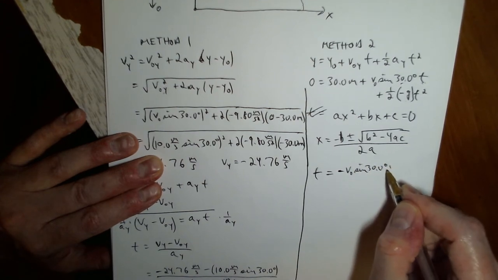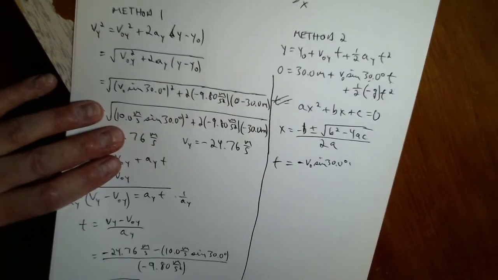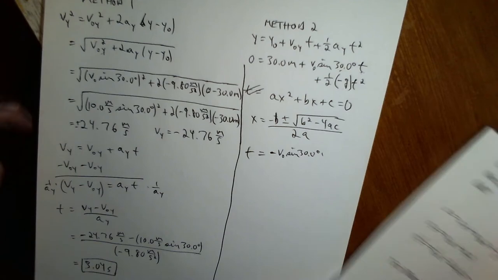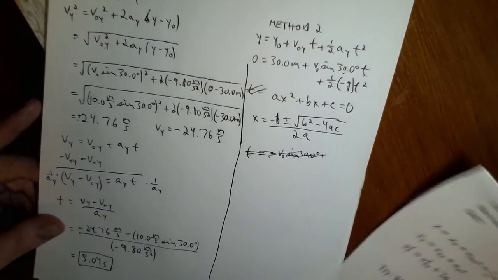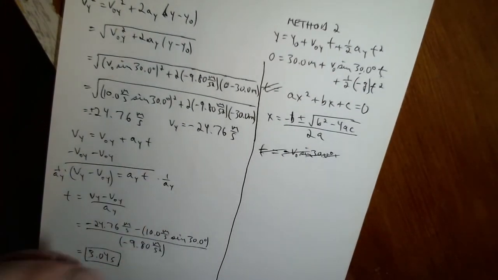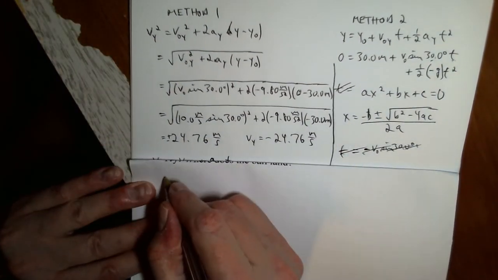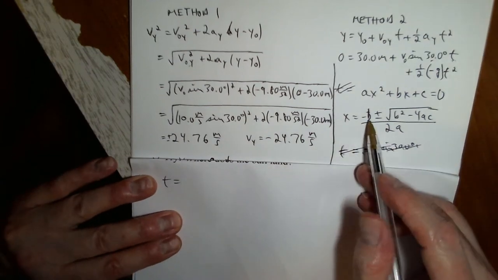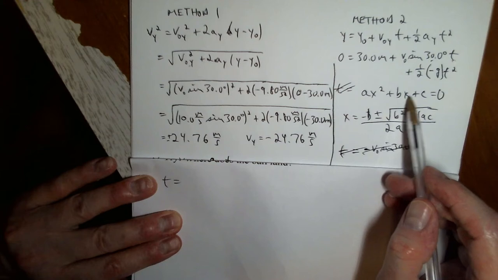I'm going to have to spread out here. That's not enough room. Okay. So t is minus b. B is the thing that multiplies the variable to the first power.